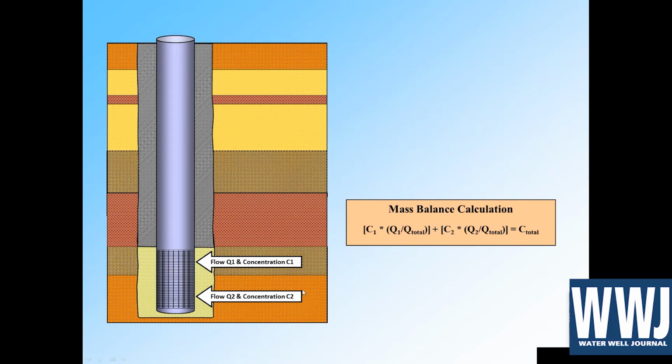That's just the simple math we do. If we have in this example 2 different zones, or if we have 12 different zones, we have 12 different terms added together. And so we can give a prediction of what will be the result of the well before we've spent all the money of our client to install it.